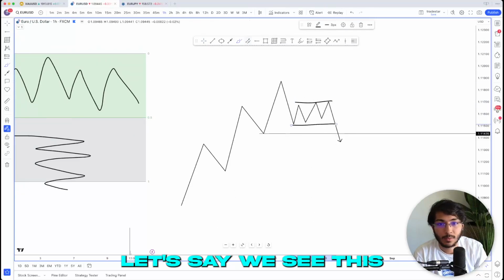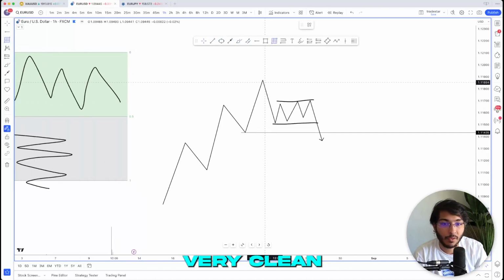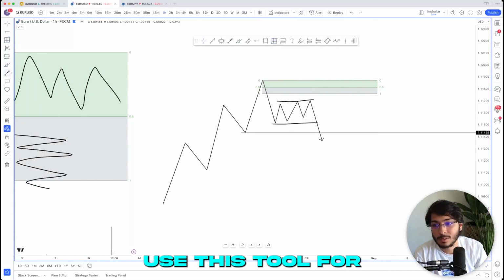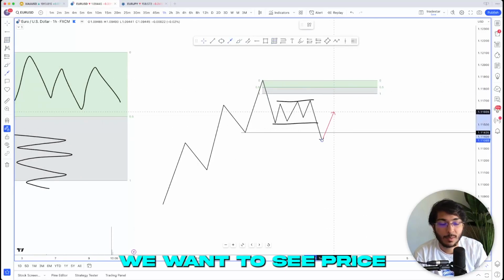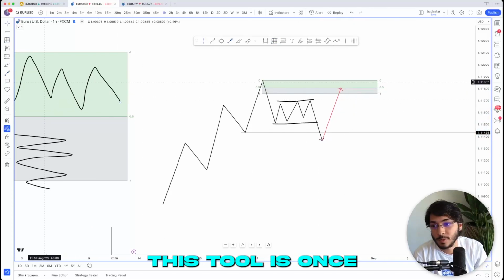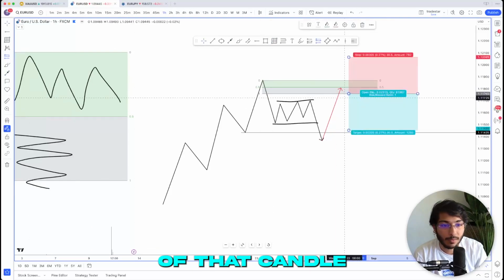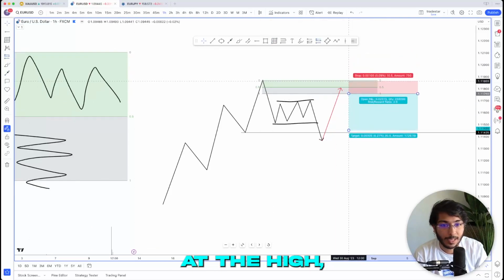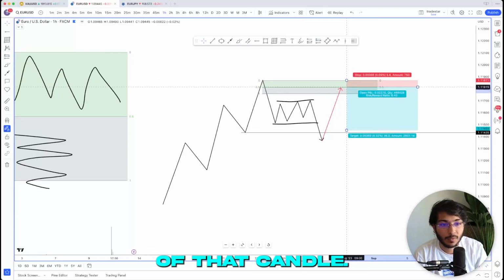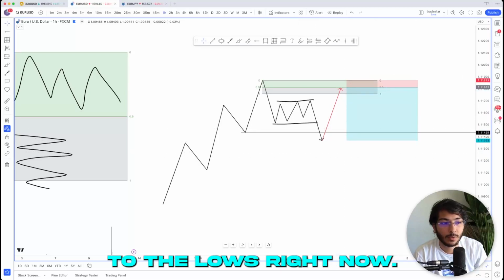And then let's say we have a very, very clean, indecisive order block above. What we like to use this tool for is very simple. We want to see price come back up into this range. And the way we use this tool is once we identify an order block, we're either entering off of the open of that candle with the stops at the high, or we're entering at the 50%, the equilibrium of that candle, and then we're taking price down to the lows, right?